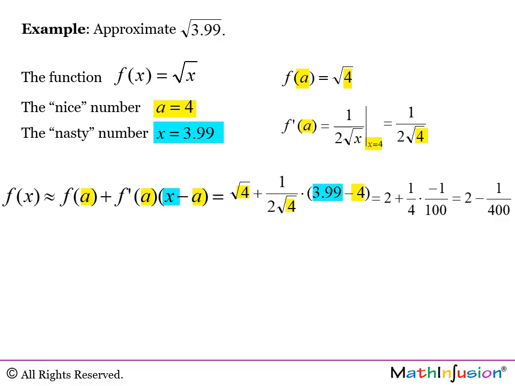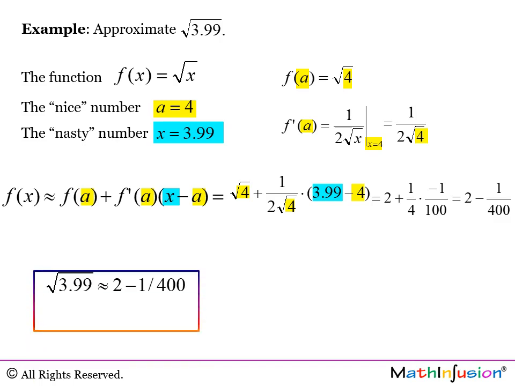We're evaluating everything. And we get 2 minus 1 over 400. The meaning is that the square root of 3.99 is approximated by 2 minus 1 over 400. Makes sense? Square root of 4 is 2, and this is almost 2.